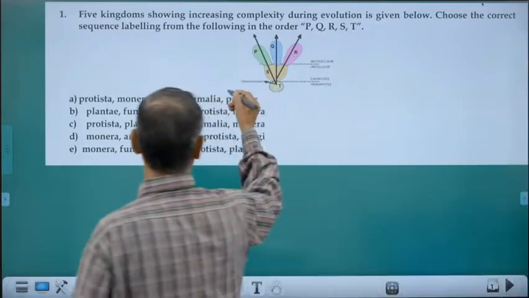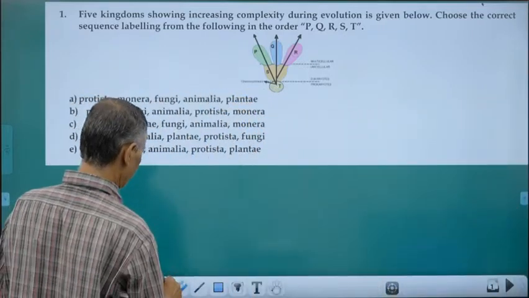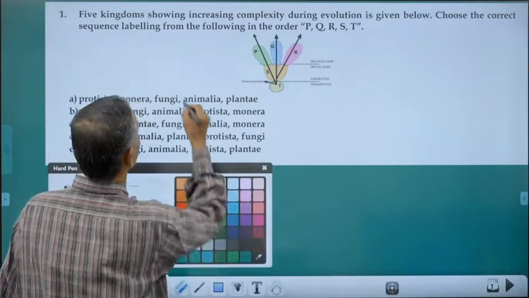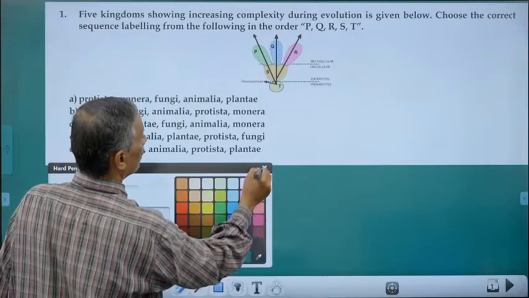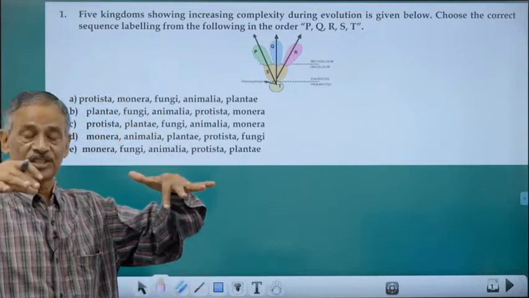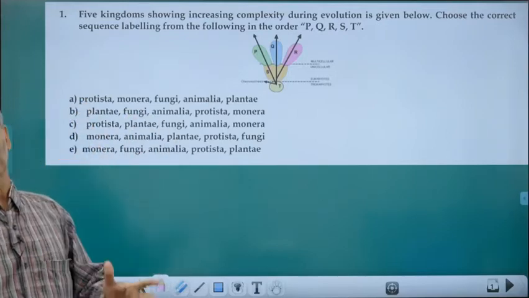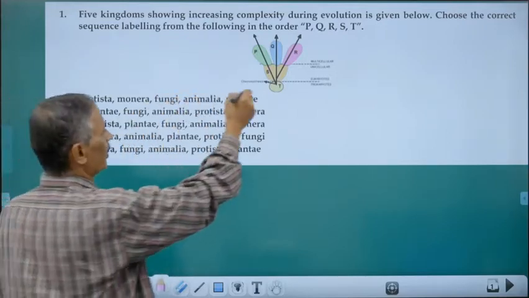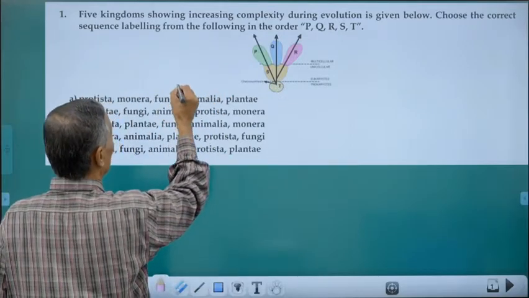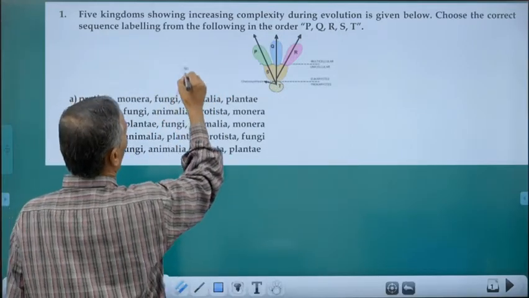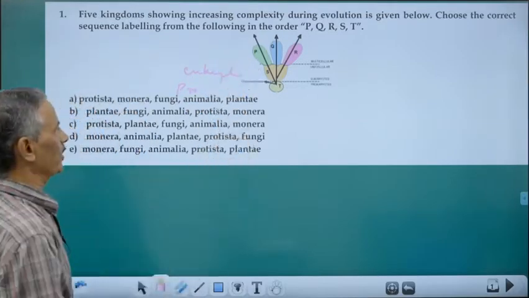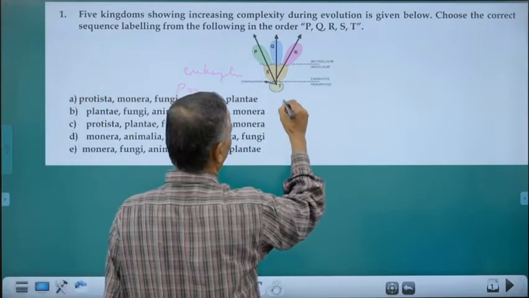The first one is the nature of the thallus organization. See how the cells are present, what is the nature of the cell. The number one character is whether the cell is prokaryotic or eukaryotic. All prokaryotic organisms are put under Monera.